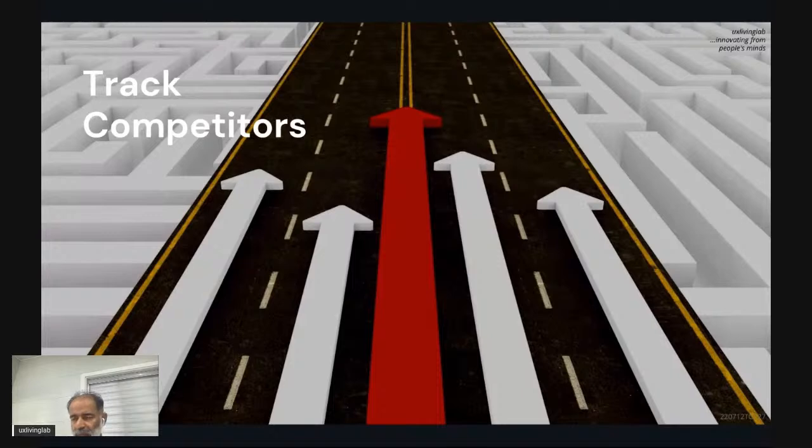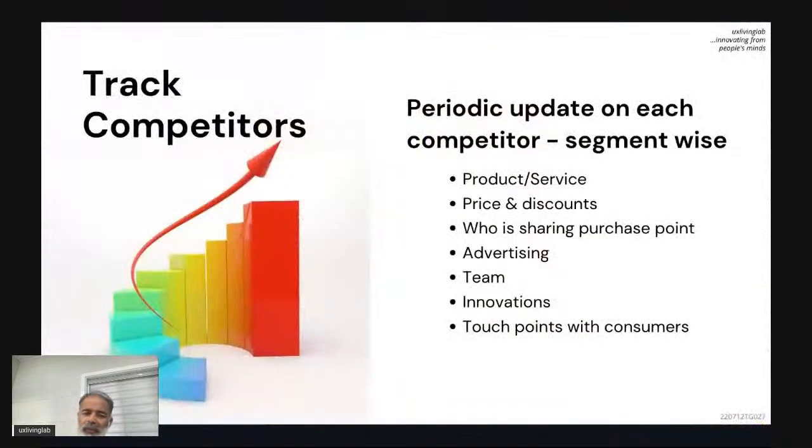So when he is in the shop, when he is discussing something about these products, these are the brands that come in front of them. So you fix that these are the different brands based on different regions or based on the segmentation. Then the next step is you have to track competitors.